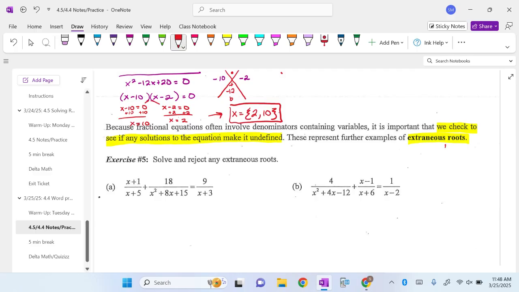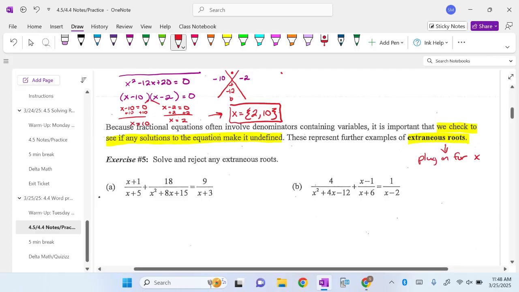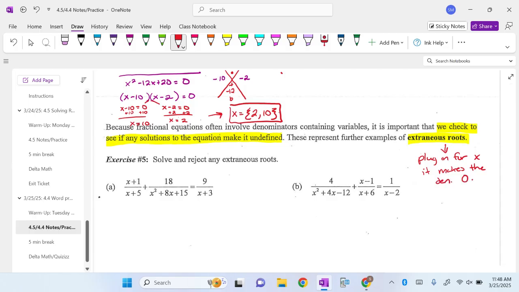So again, extraneous roots means if you plug in for x, whatever answer you get for x makes the denominator 0. If you have a denominator of 0, it's extraneous. Now, my question to you guys is, can you have a numerator of 0?